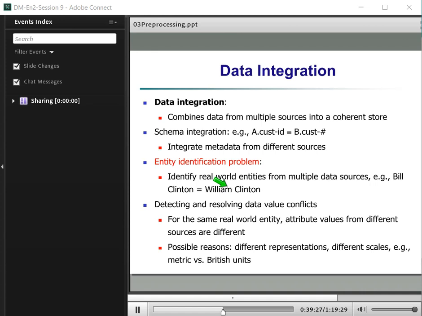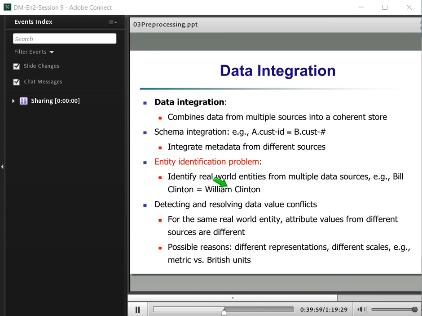Maybe their types are the same, but their scale or their metrics or their representations are not the same. For example, I have two length features. One of them is in meters and the other is in feet. Someone says the length of this table is 2 meters, and the other says the length of this table is 7 feet.